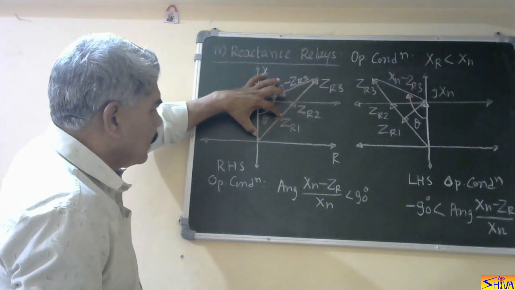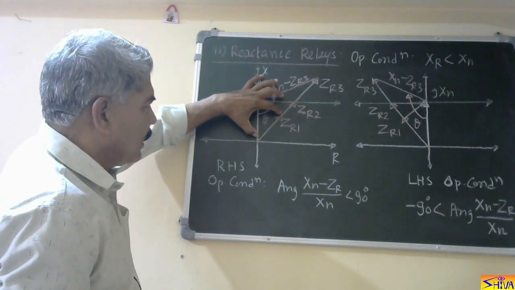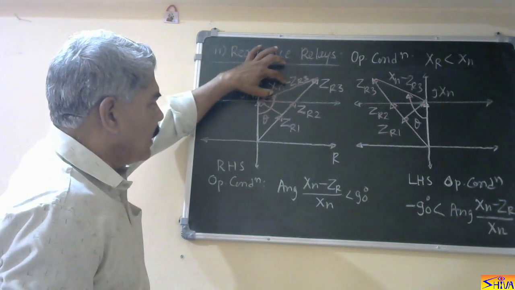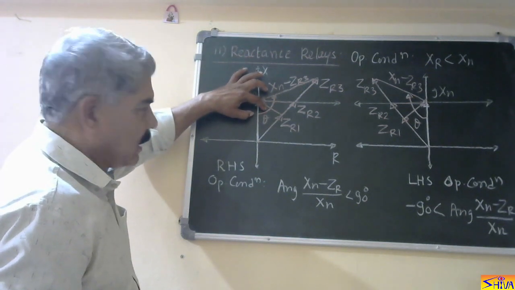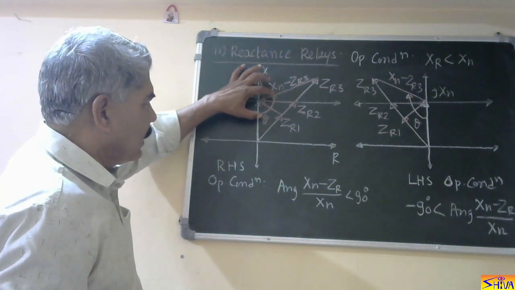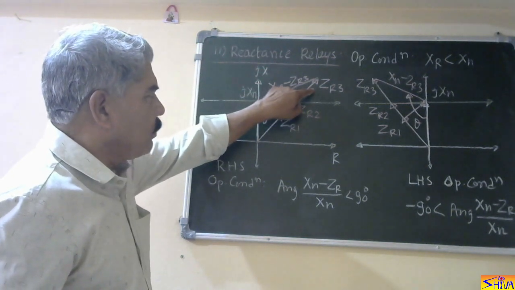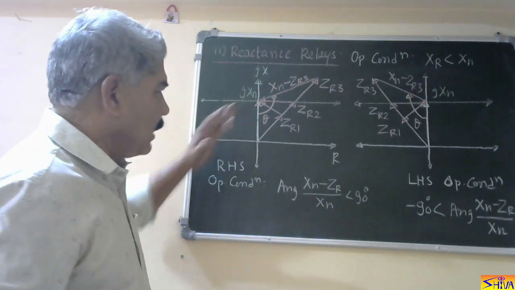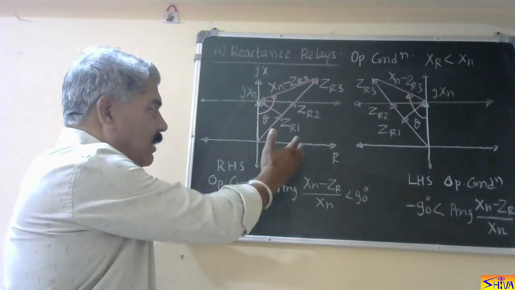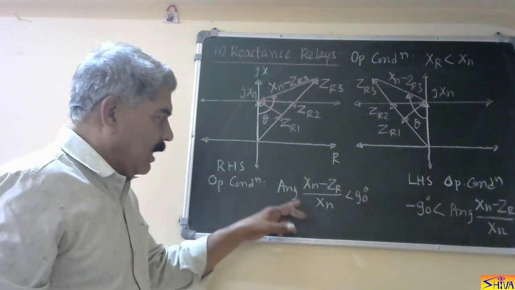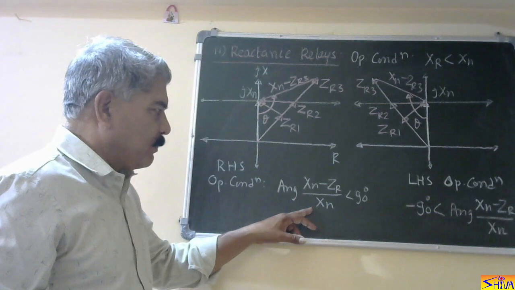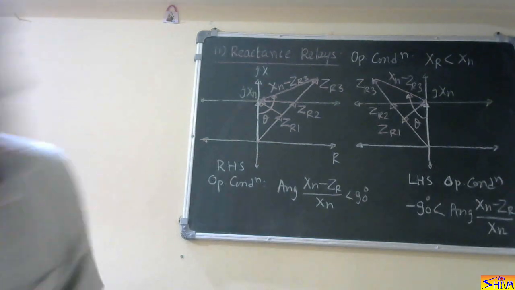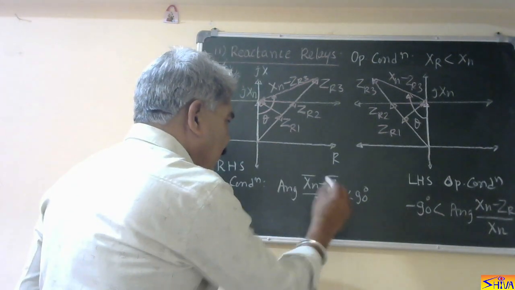If ZR1 is the impedance measured by the relay, then the angle of Xn minus Zr1 with respect to Xn will be less than 90 degrees. In the threshold condition, it will be 90 degrees. If the tip of the vector is outside this operating region, then the angle is greater than 90 degrees. So on the right hand side of this characteristic, the operating condition is that the angle of the Xn minus Zr vector with respect to Xn should be less than 90 degrees. Now all these are vectors, so we denote this like this.